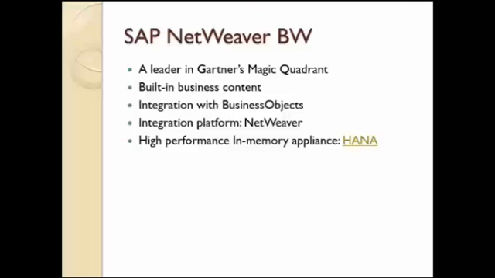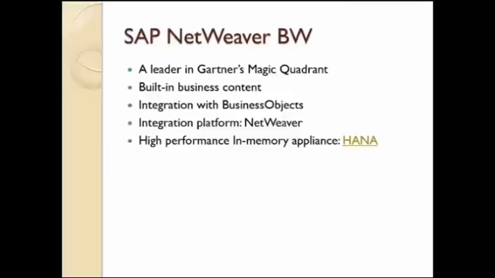And finally, another advantage of BW nowadays is that it can also be integrated with the high-performance in-memory appliance from SAP known as SAP HANA. Okay, HANA is the latest and greatest from SAP, and it has all the buzz nowadays.